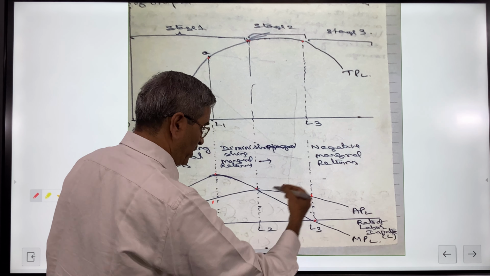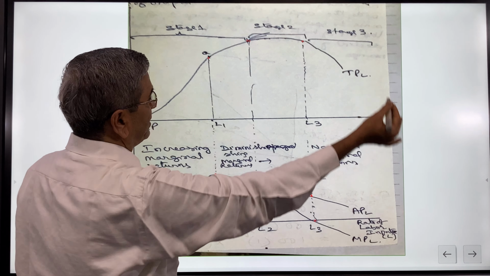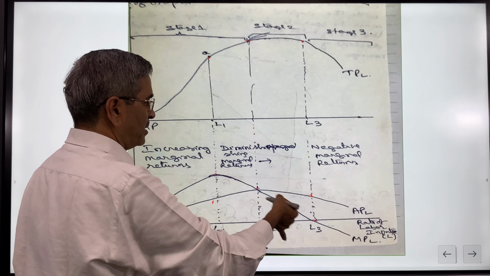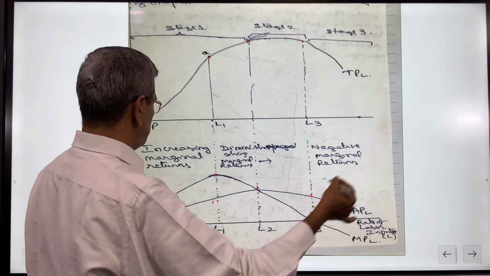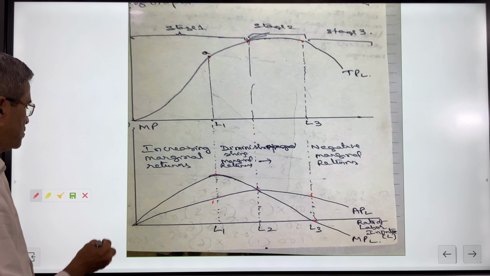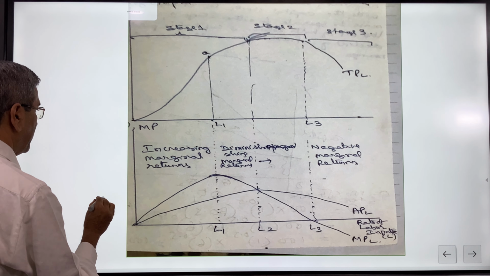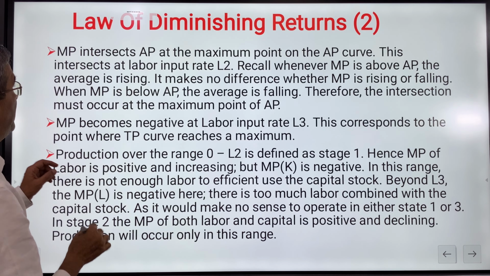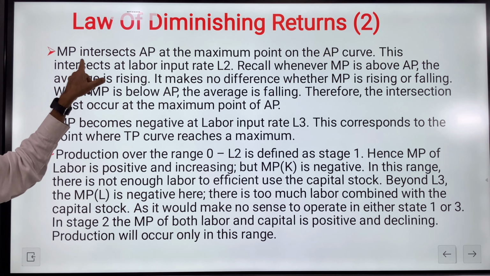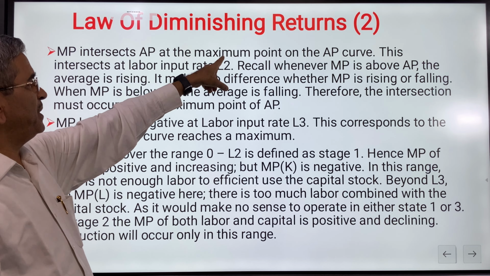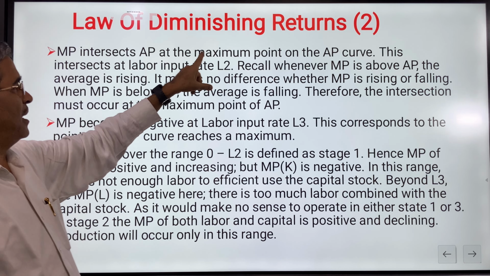So as you increase the units of labor, your productivity undergoes a change in the total productivity, average productivity, and marginal productivity. This is a very, very interesting and important point that you need to remember. In the last slide I showed, marginal productivity intersects the AP at the maximum point of the AP curve, and this corresponds with the level L2.